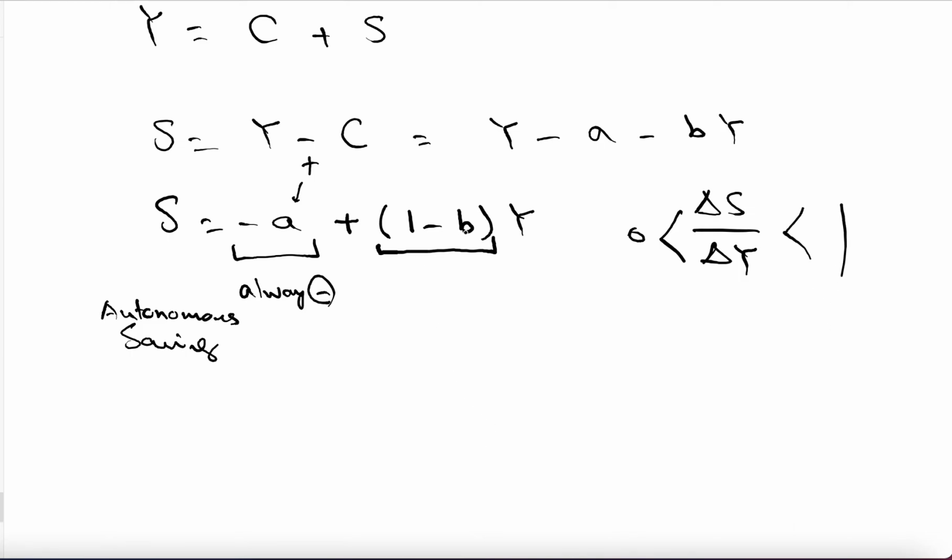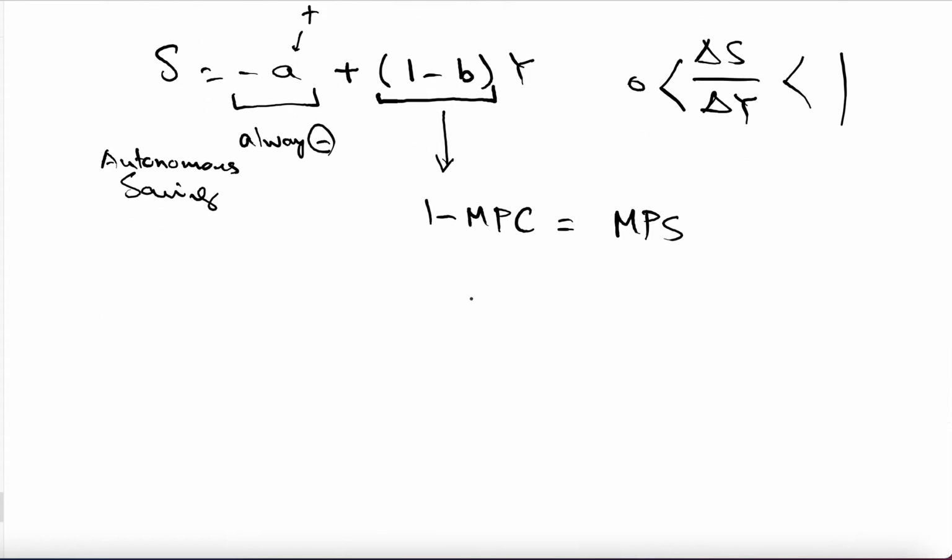Because if B is like 0.8, 1 minus 0.8 becomes 0.2. It always falls within this inequality condition. We call 1 minus B, or 1 minus MPC, the marginal propensity to save.